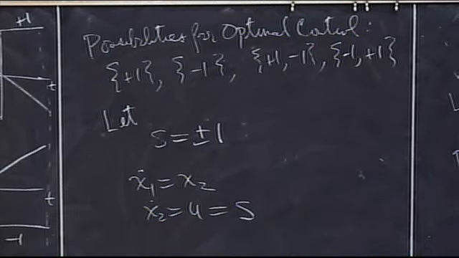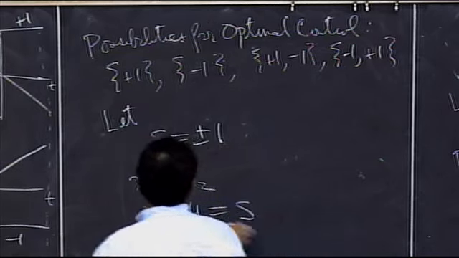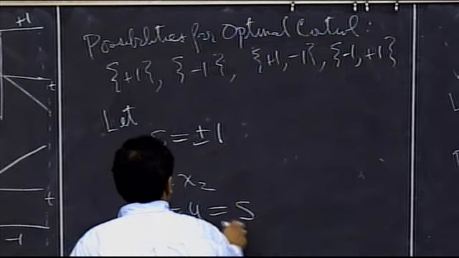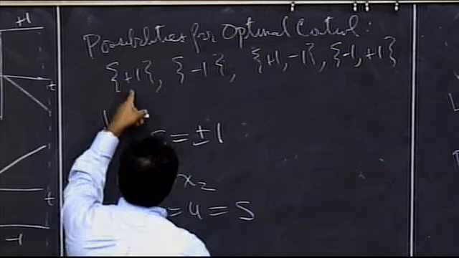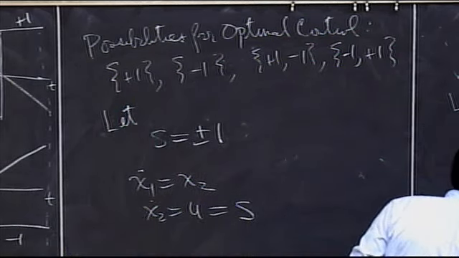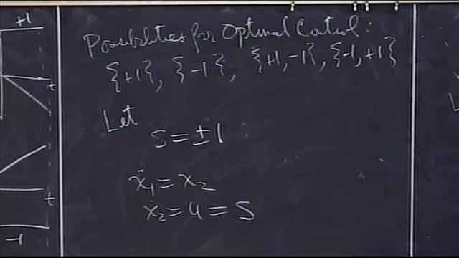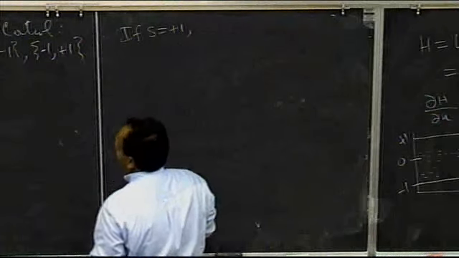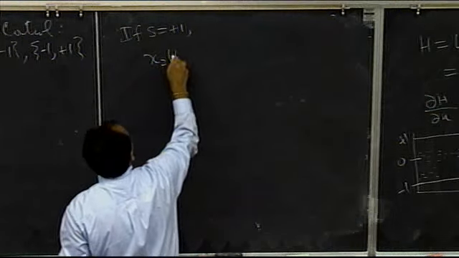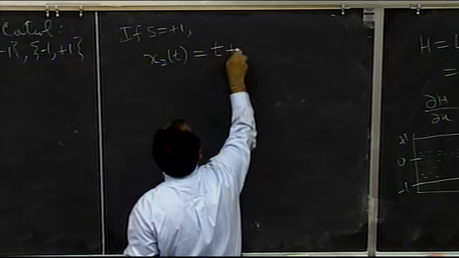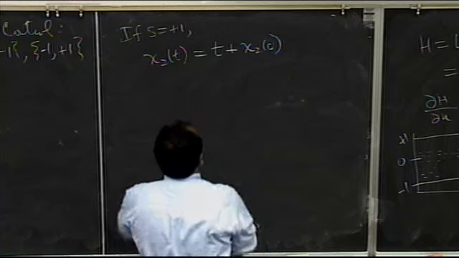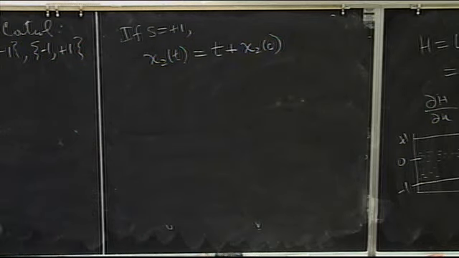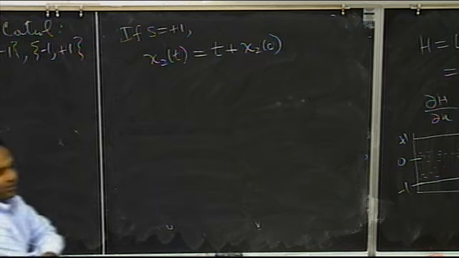So when we integrate this along an arc, let's take the first case, where S is always plus 1. Then what do we get? We've got x2 of t is going to equal t plus x2 at 0, because S here is plus 1. So if I integrate it once, I just get t plus x2 at 0.